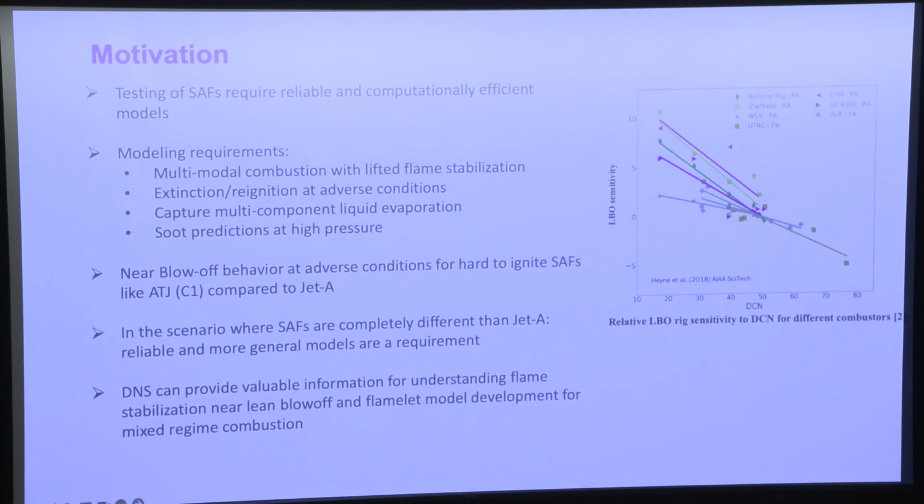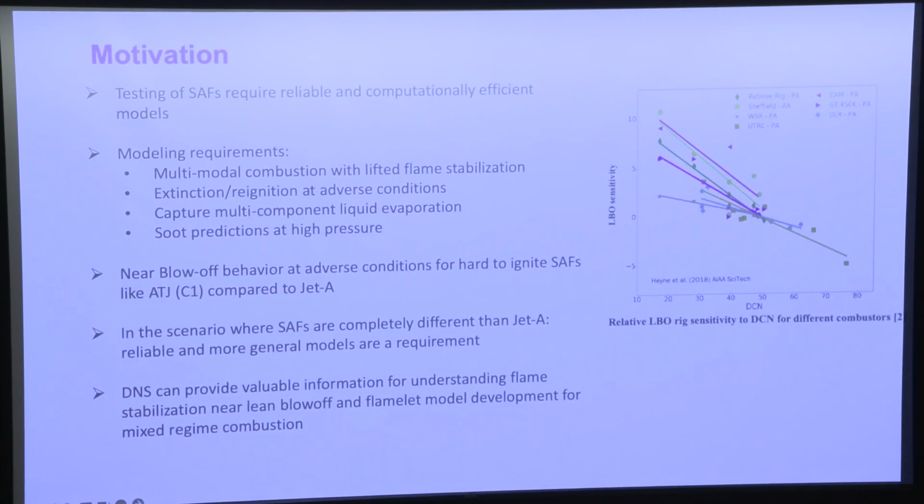The National Jet Fuel Program in the US has looked at lean blow-off sensitivity, which is plotted in this image on the right. It shows the lean blow-off tests from various experiments and the sensitivity of the lean blow-off to the derived cetane number for different fuels and for different combustors.